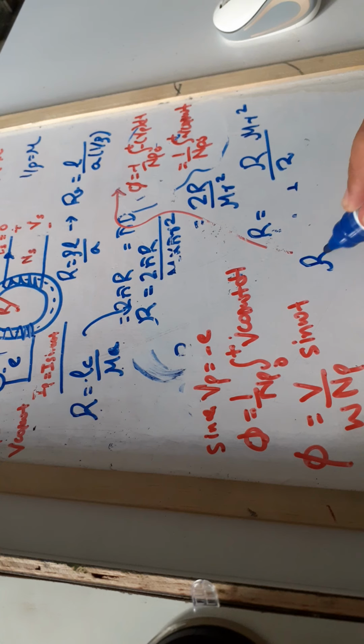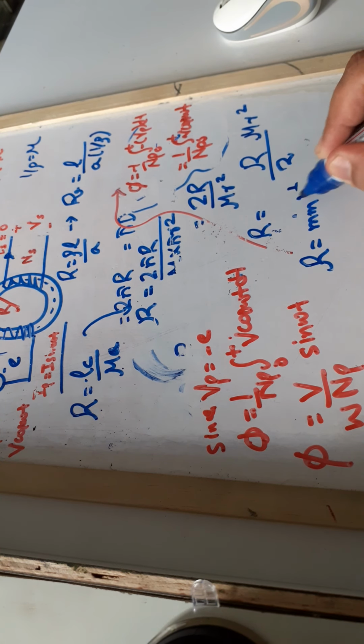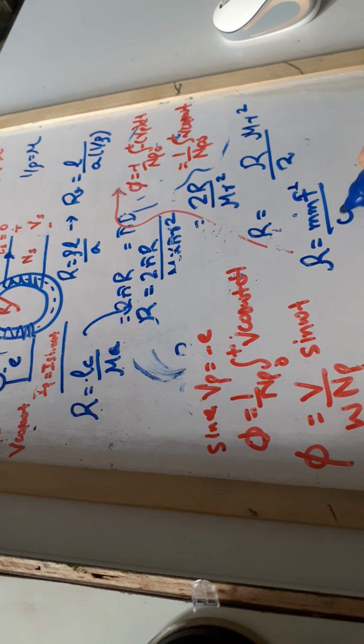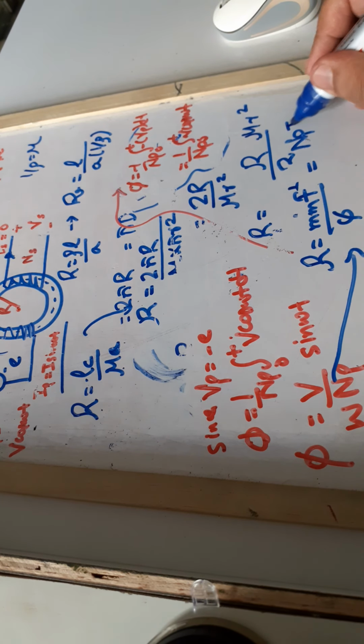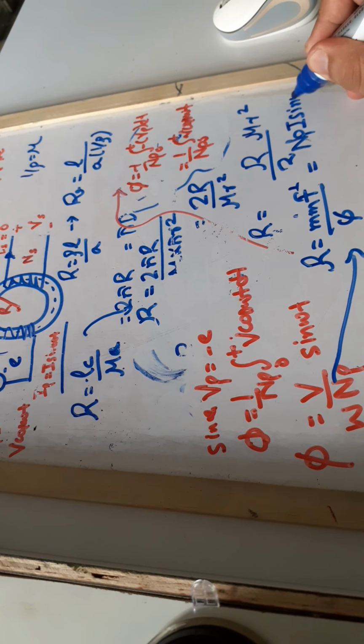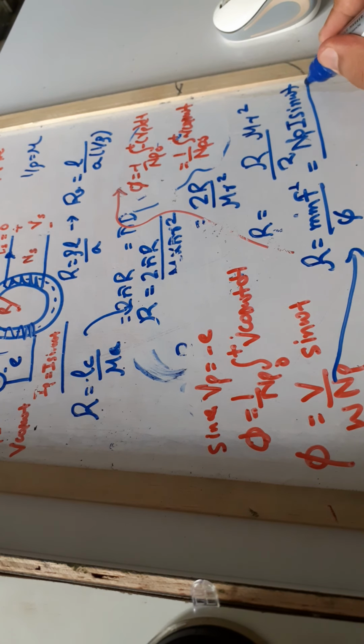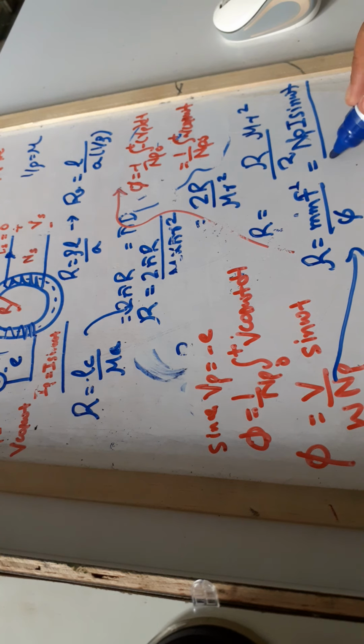The flux value is this, and the mmf value is ampere turns, Np into Ip, which can be expressed as Np I sin omega t, and the flux is V by omega Np sin omega t.